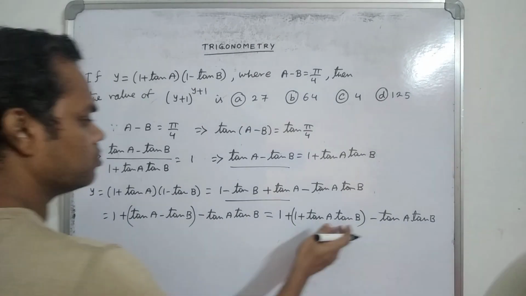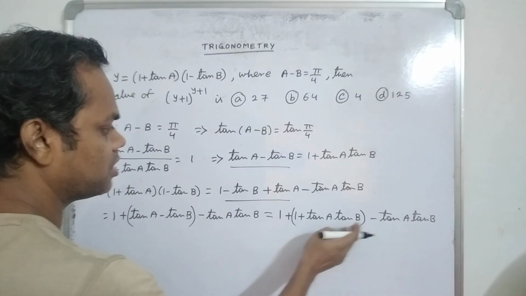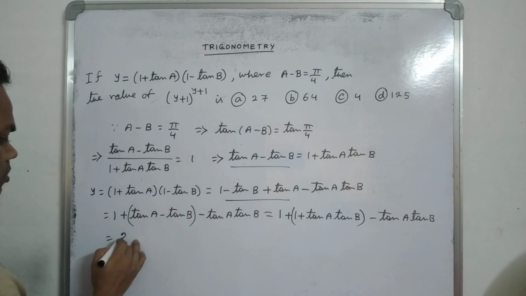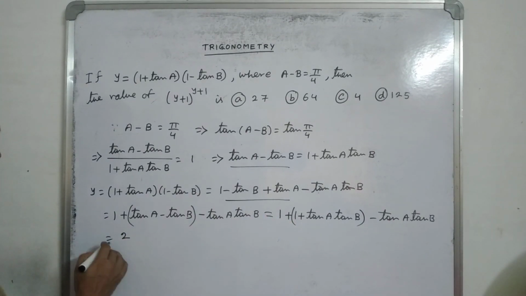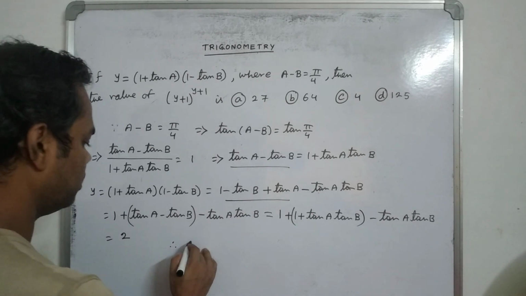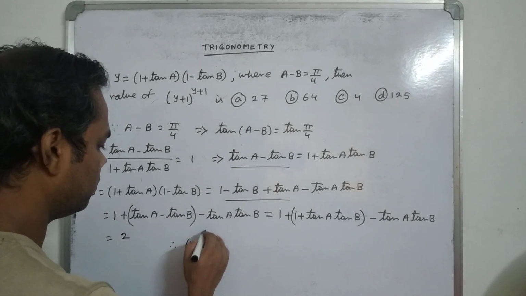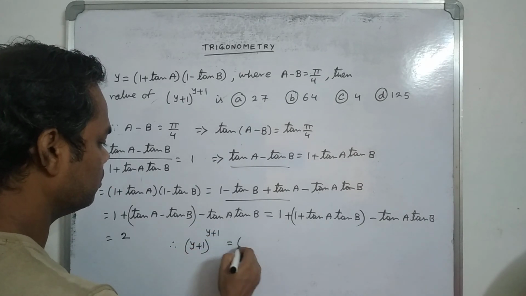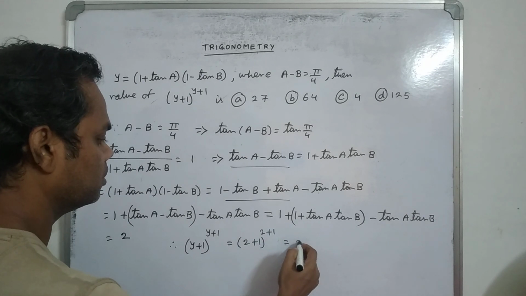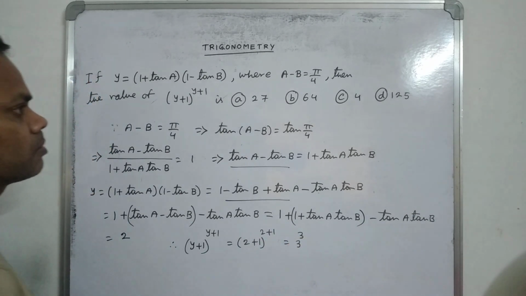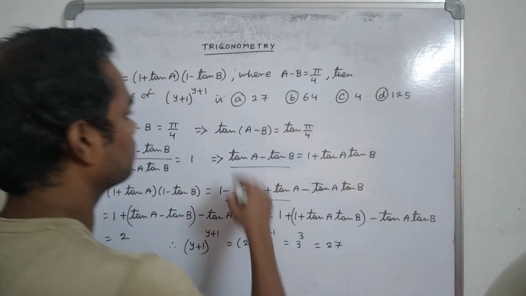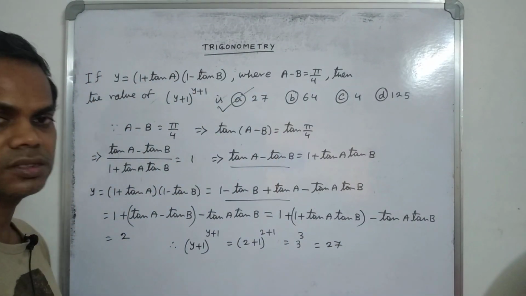By cancellation of these two, tan a tan b minus tan a tan b, this line becomes 1 plus 1 is equal to 2. Therefore y plus 1 whole to the power y plus 1 is equal to 2 plus 1 whole to the power 2 plus 1. This one is 3 to the power 3, and 3 to the power 3 is 27. So option A is correct.